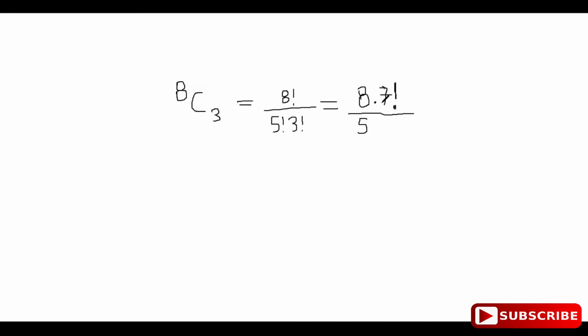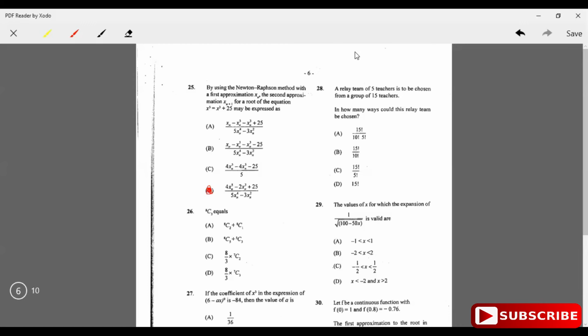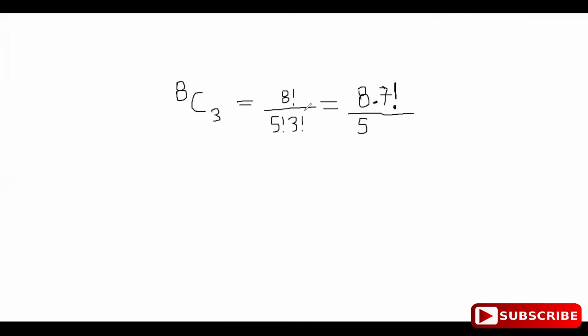I'm rewriting it as 8 times 7 factorial. All right? And then, look at this part now. This 3 factorial, I can rewrite as 3 times 2 factorial. You agree?